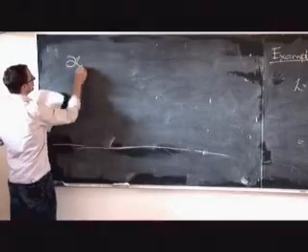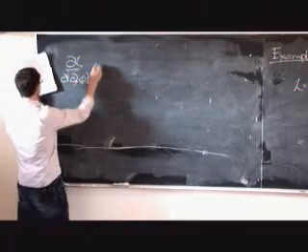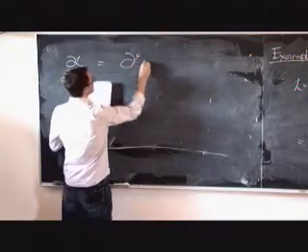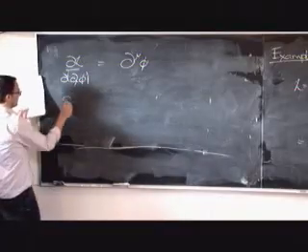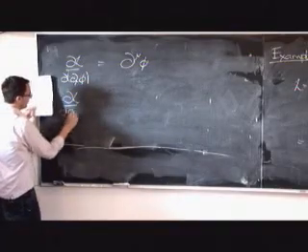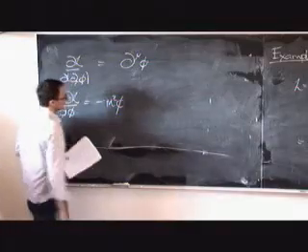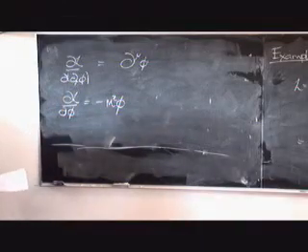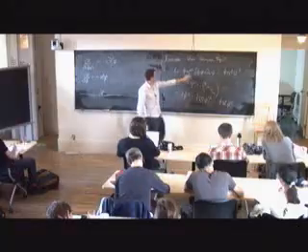Okay, so what are the two terms in the Euler-Lagrange equation? You just have to differentiate this.